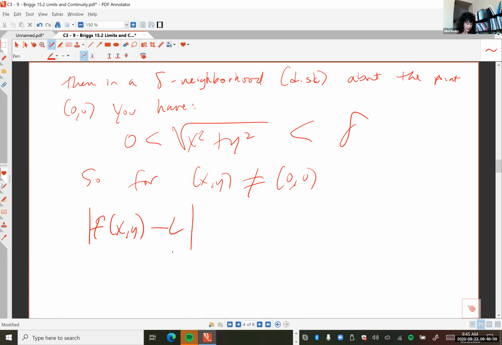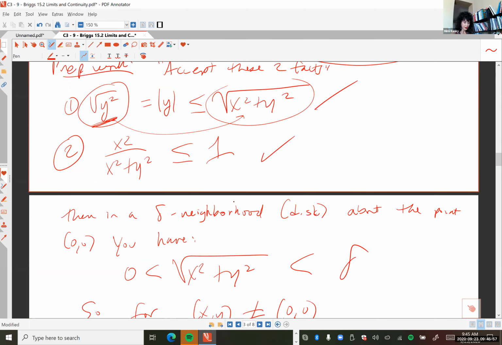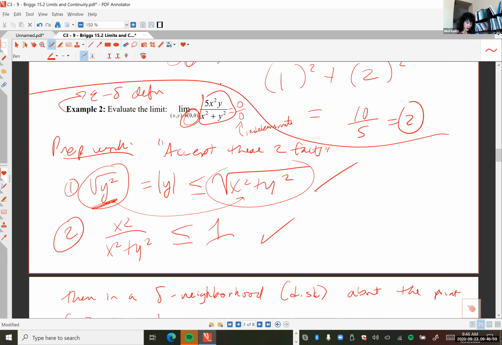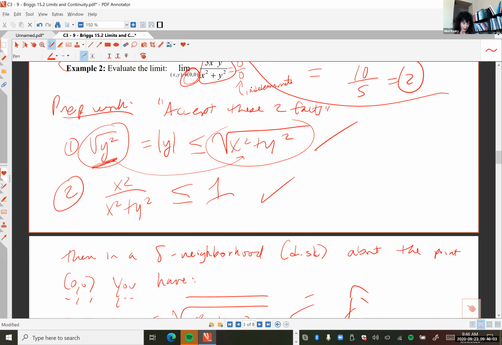We're going to take an educated guess that L is equal to 0. It may not be, but if we can get a corresponding delta for epsilon, we're good. What was our original function? You go up here, this right here is your original function that you're trying to find the limit of. Okay, so let me copy it down.